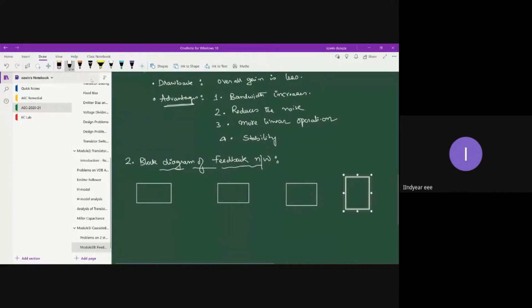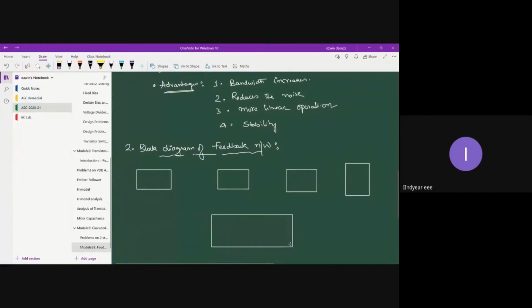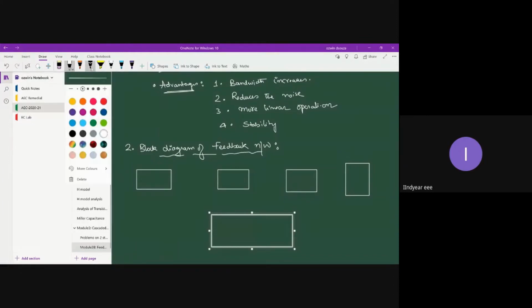So these are the major 4 blocks that you are going to see in the forward path. Whereas in the backward path or in the reverse path, you will find a feedback network. All right. Now let's start connecting the blocks.